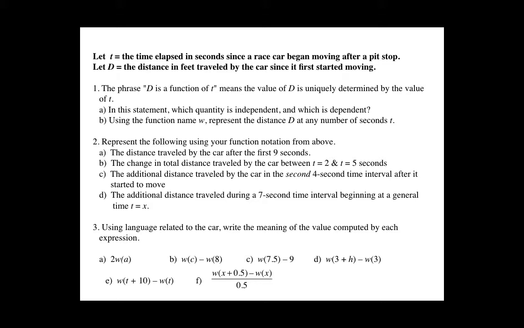And then part D, the additional distance traveled during a 7-second time interval that begins at a general time x, t equals x. Again, these aren't things that we can compute, but how could I express or represent those with function notation? So think about these two. Think about what the time interval is. Because if you can do that, we've got some ideas of how to deal with time intervals.